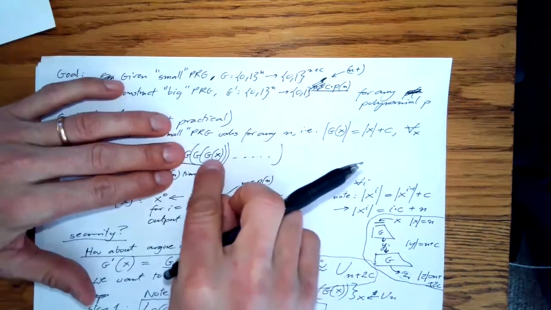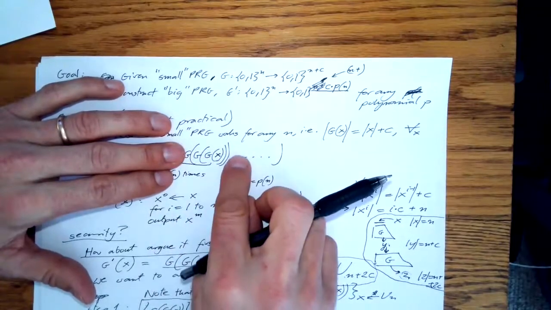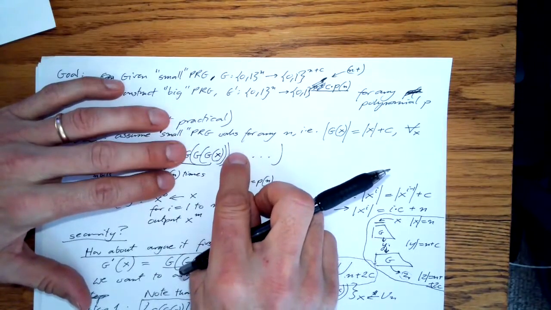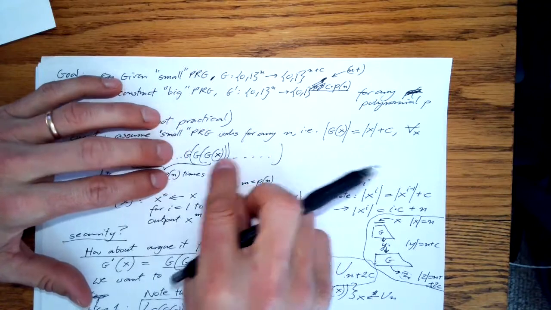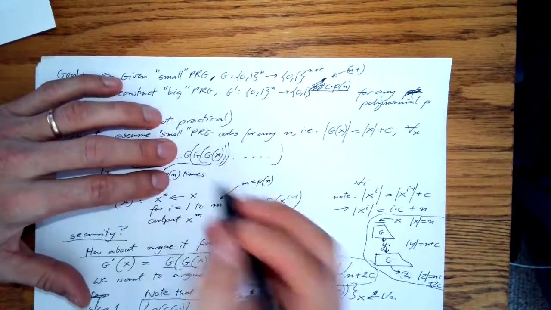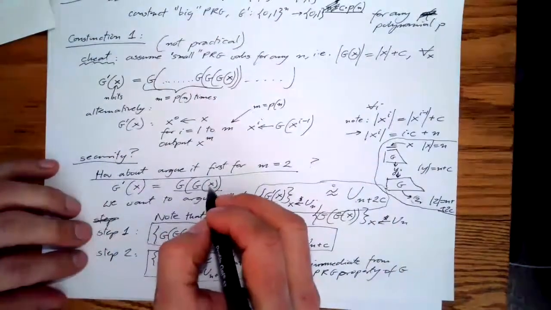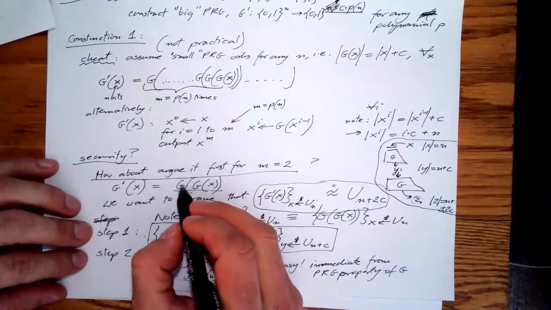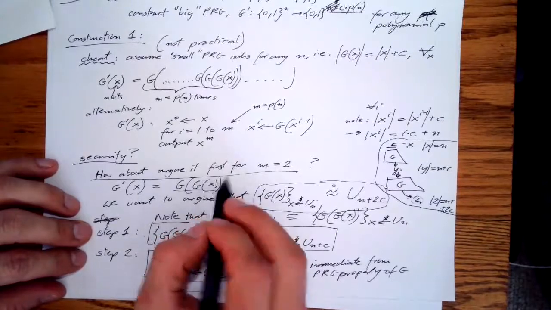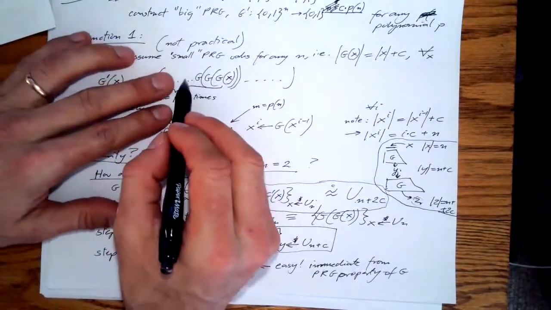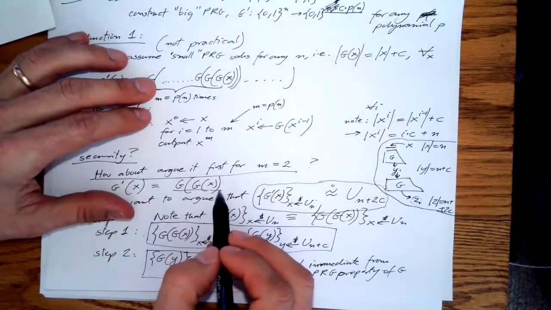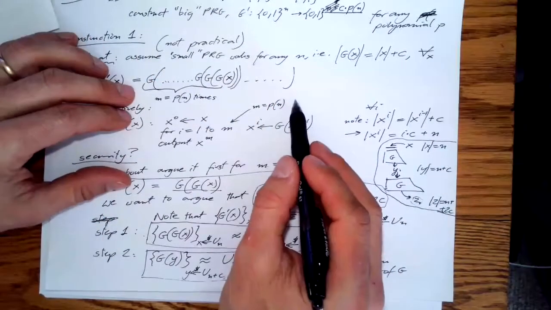Now I argued that if you apply G to its own outputs, the outputs are still indistinguishable. Running this again is basically the case of the previous one, but slightly modified. I'm applying G not to itself, but to some other PRG. Let's think of what happens at step M. You have some PRG inside that you already argued is a PRG, and now you apply a PRG to its output.